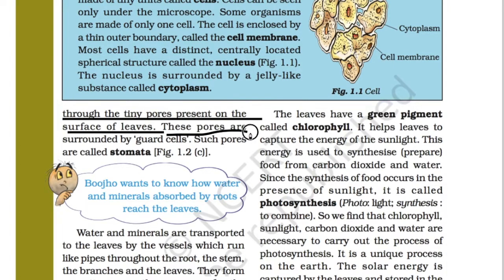These pores are surrounded by guard cells. Such pores are called stomata. What do we call them? Stomata.